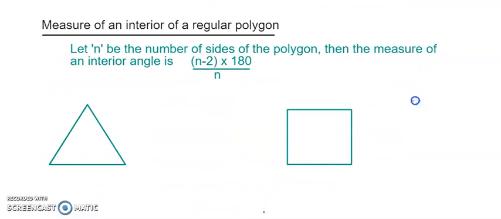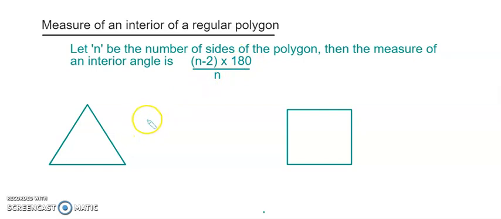Similarly, if the total measurement of the addition of all the interior angles is given, and they're telling us to find the measure of one angle, if you have to find the measure of only one angle of the polygon, then how to find? So the measure of an interior angle is n minus 2 into 180 divided by n.